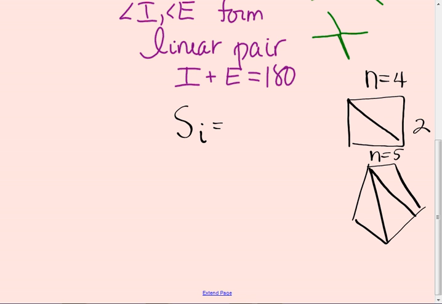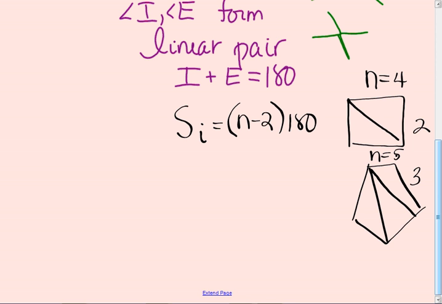N equals 5, so this is 3. What's the relationship between these numbers? N minus 2. Okay, I didn't want to go through that whole process again. But it's the number of vertices minus 2 times 180. That's another formula I put on the board. Simple formulas. However, applying them is not always simple.